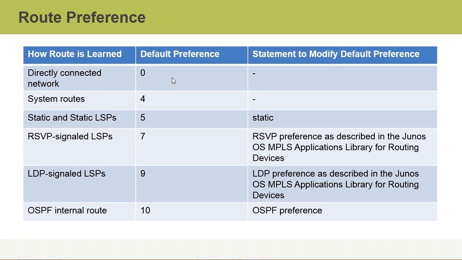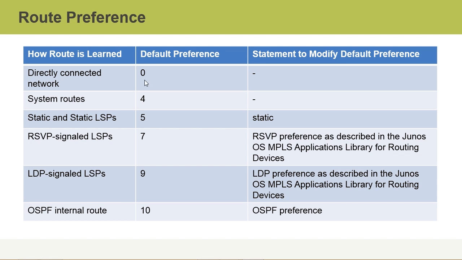Now, these preference values, I think, logically make sense. It makes sense that a router would choose a directly connected route over something I program as an administrator, because I could program a route and put in some incorrect values. So it makes sense to go with what the router is actually physically connected to over what I tell it should be using.